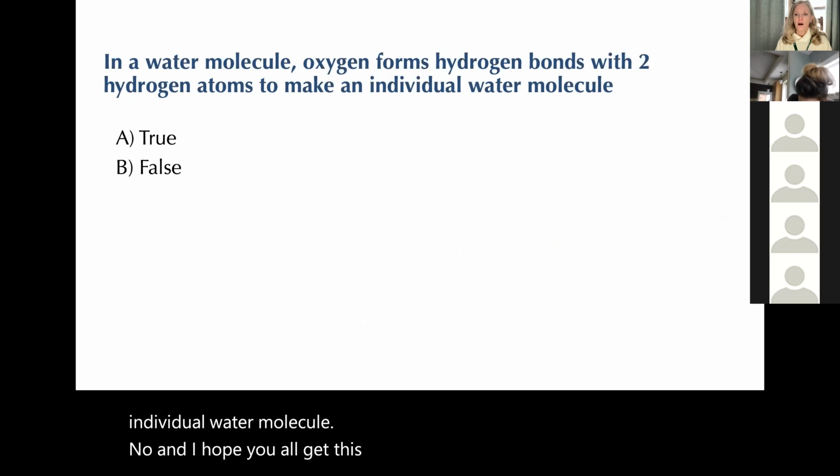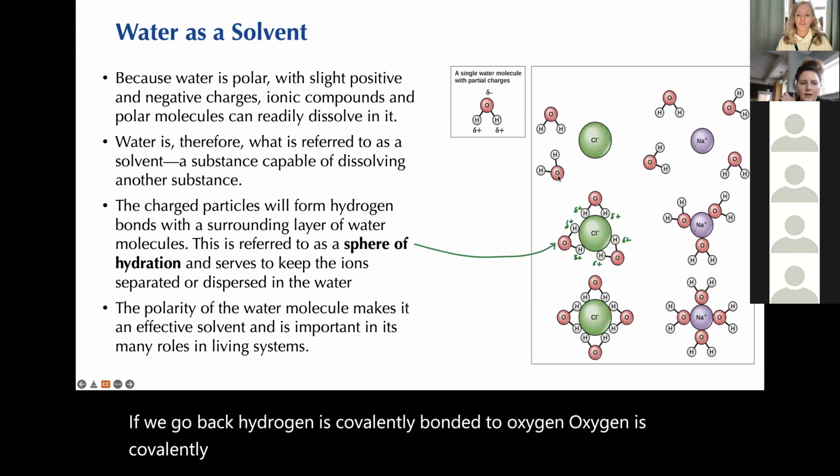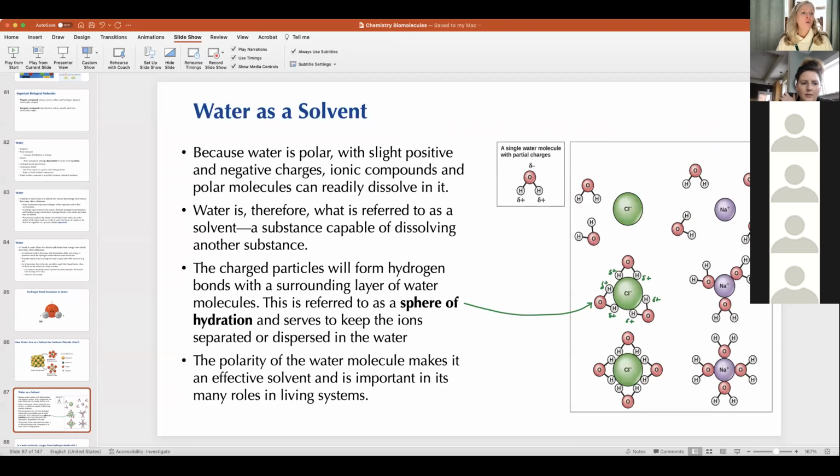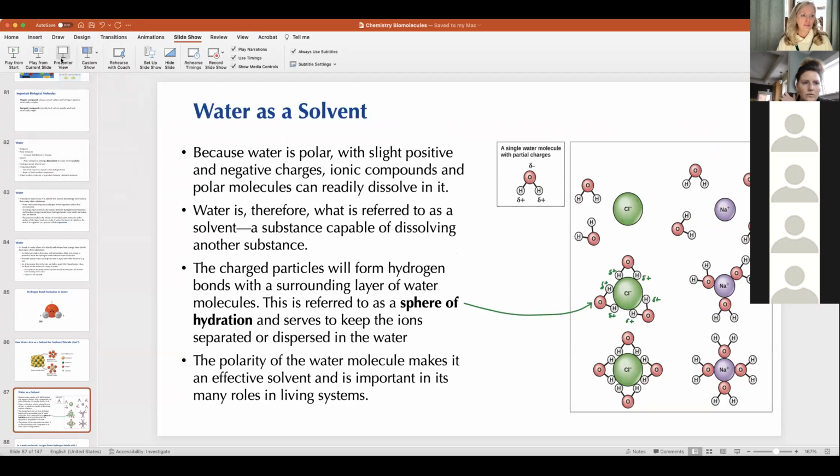In the individual water molecule, hydrogen is covalently bonded to oxygen. Oxygen is covalently bonded to hydrogen. The hydrogen bonds are what happens between the water molecules, right? You guys can all remember that.